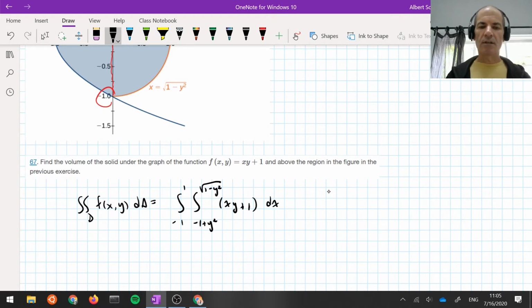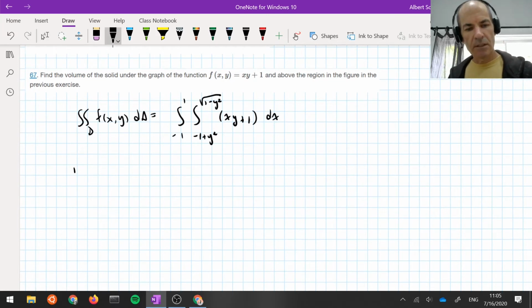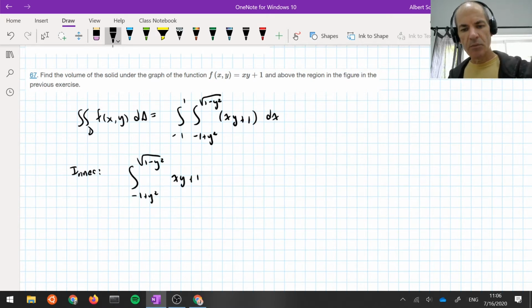Remember that when you're constructing these integrals, it's always from the lower value to the higher value, always. If you reverse them by accident, you're going to introduce a minus sign that you probably don't want. All right, when I'm doing double integrals, I always look at the inner integral first. So I'm going to do the inner integral, from -1 plus y squared to the square root of 1 minus y squared, of xy plus 1 dx.